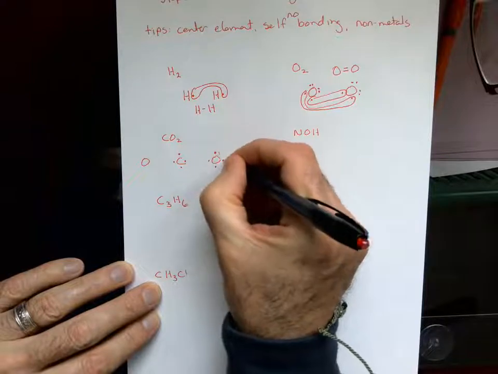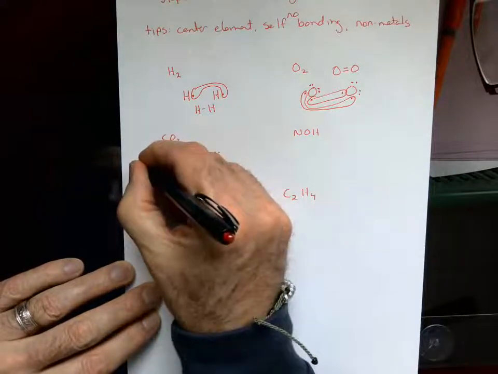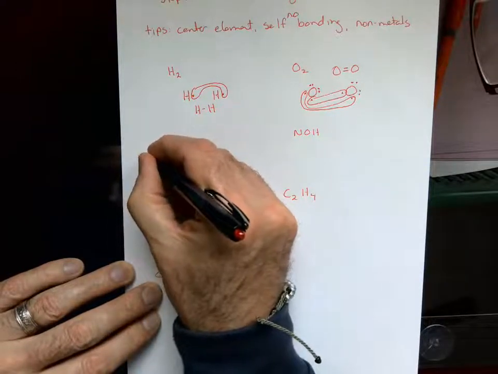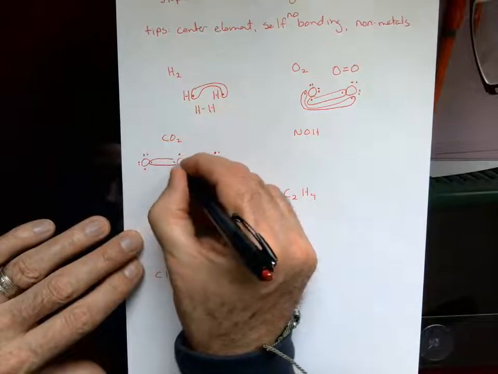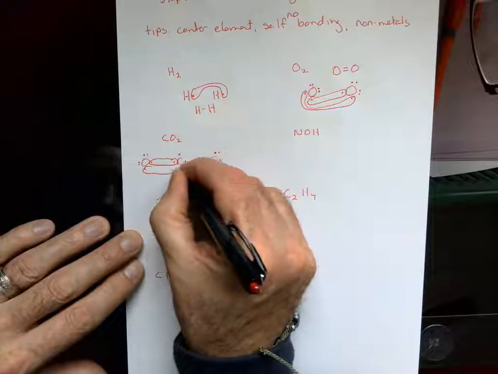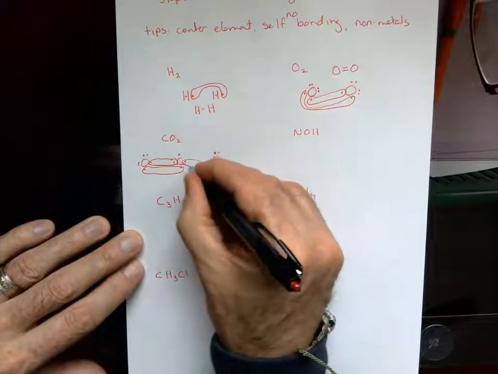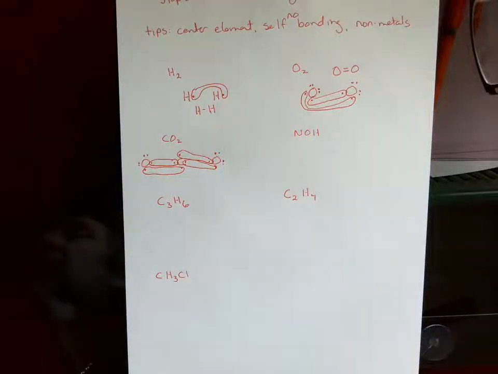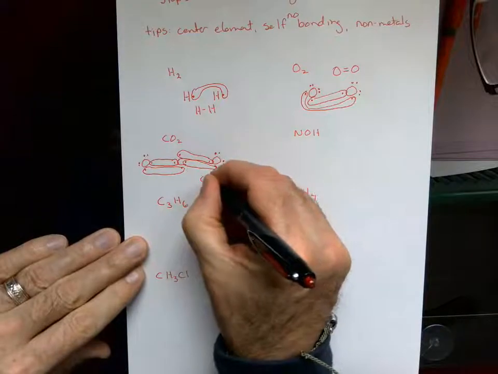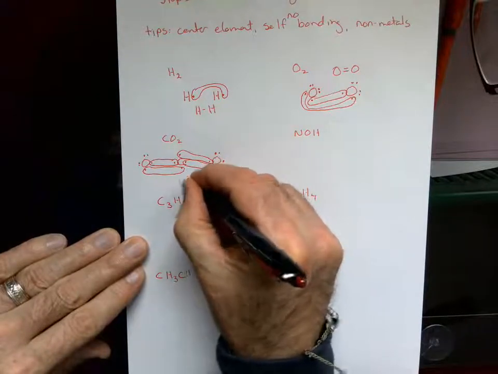So I look up on the periodic table what column everything's in. And make sure every lonely dot has a friend. 1, 2, 3, 4. If they don't all have friends, you have to rethink your drawing and do it again. So there should be nobody without a partner.